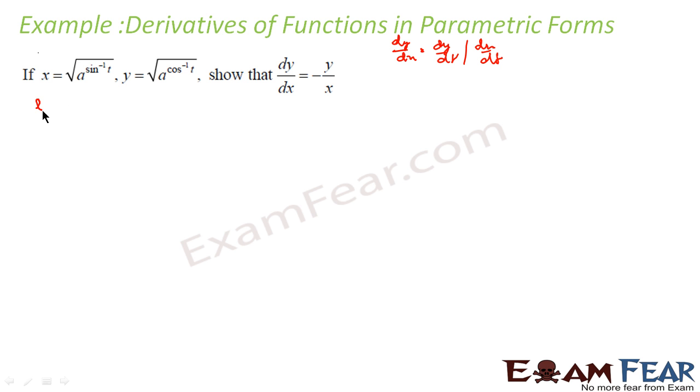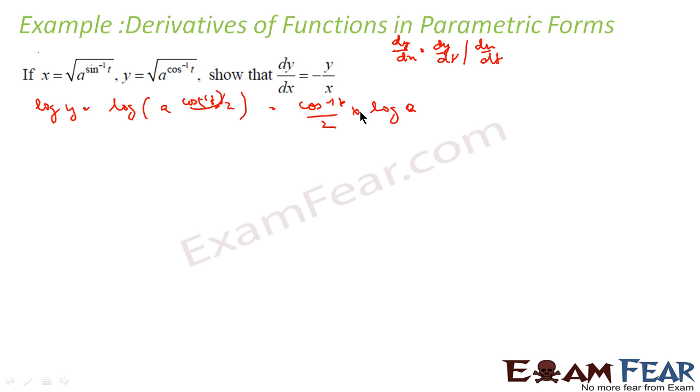So I'll put log on both sides. I'll get log y is nothing but log of a to the power cos inverse t by 2. Correct? This is nothing but cos inverse t by 2 into log a. The whole thing, cos inverse t, whole thing divided by 2. So this is what I will get.